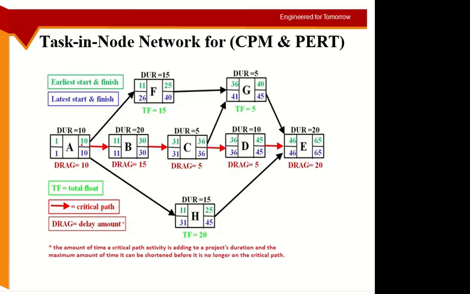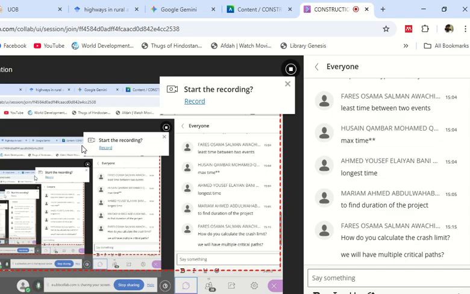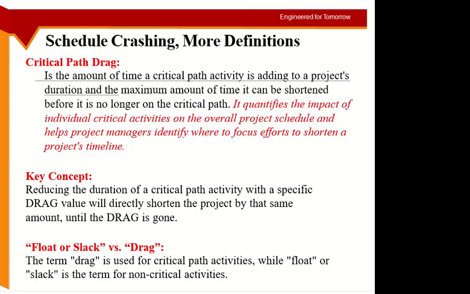You will have the same effect on the overall project duration, because this activity was adding to the duration. If you reduce that activity by 1 day, the whole project reduces by 1 day. If you reduce it by 2 days, the whole project will reduce by 2 days, and so on, until this activity is on the critical path.